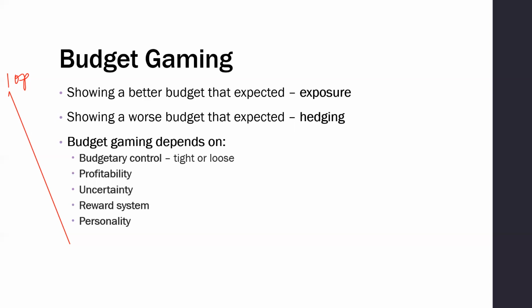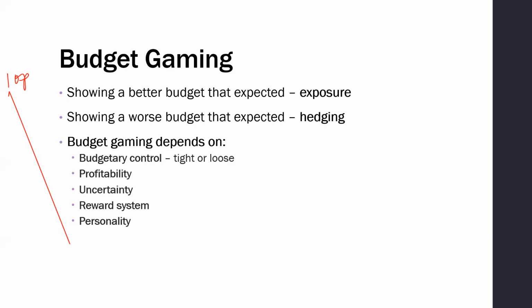They are the ones who check, okay, whether the budget proposals provided by departments are being gamed or not. That's why controllership people or finance people like you and me need to be immersed in operations, because we are the conscience of the company. Right? These different departments are incentivized to game the budget. Okay?